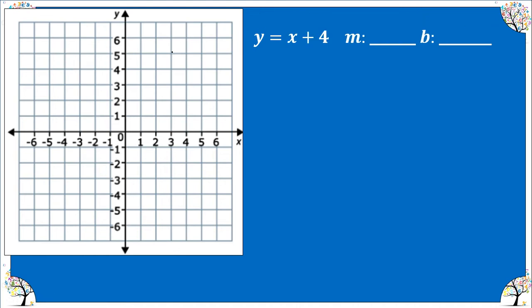Okay, now here is our next example, and it is in slope-intercept form. Notice that we don't have a value written for our slope, the variable m, so it's understood that there's a 1 there. So when we identify slope, we're going to say it's 1, and then we can put it over 1. So we're simply going up 1 and right 1.